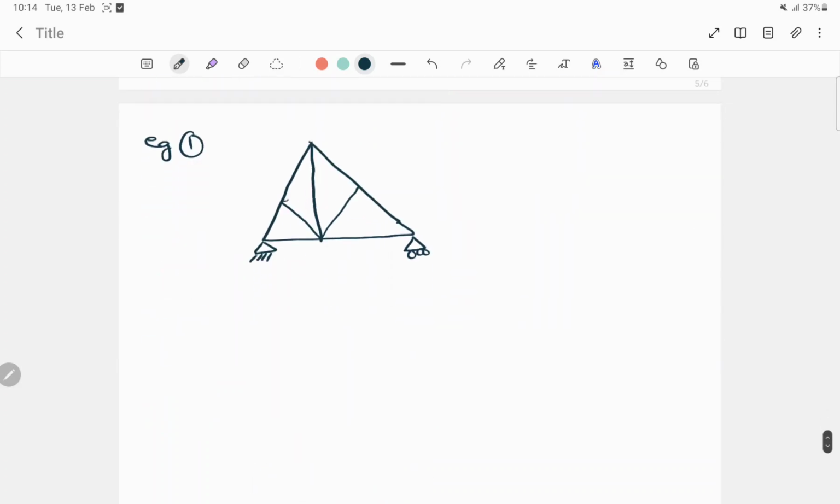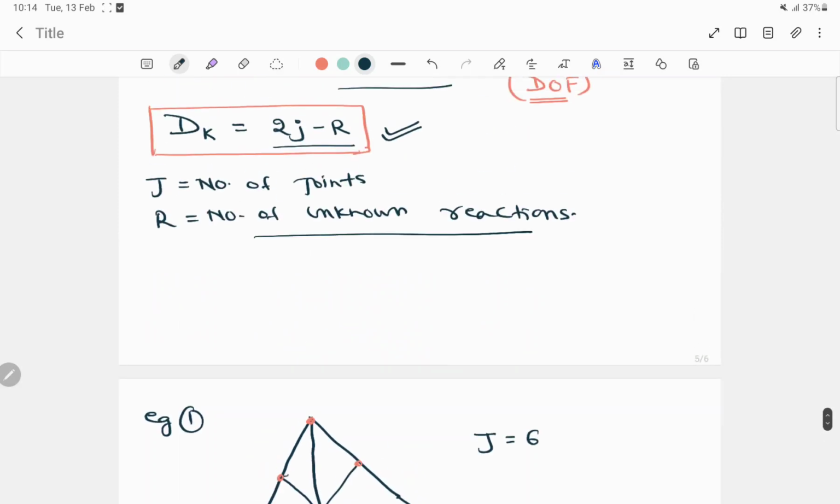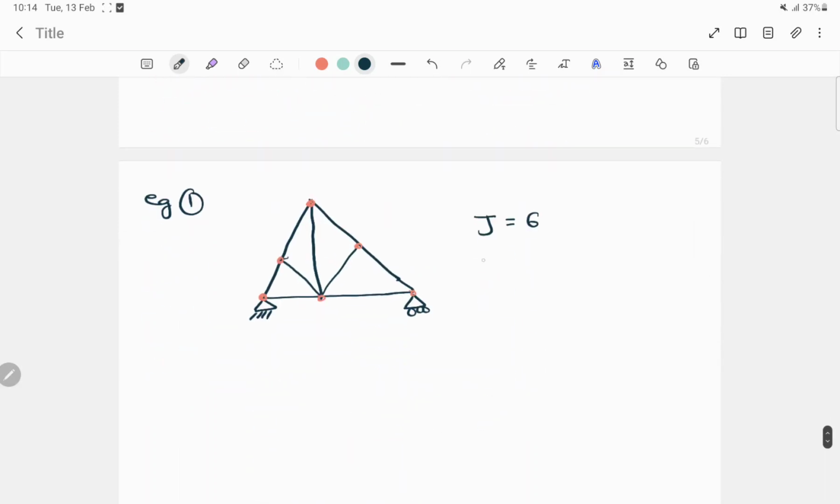Here how many joints are there in this figure? See, 1, 2, 3, 4, 5 and 6. So in this case the number of joints is equal to 6. Now the number of unknown reactions, r. One end is hinge and the other end is roller.